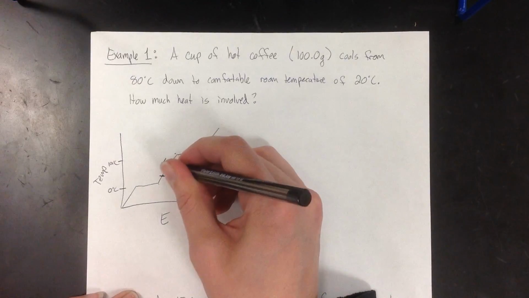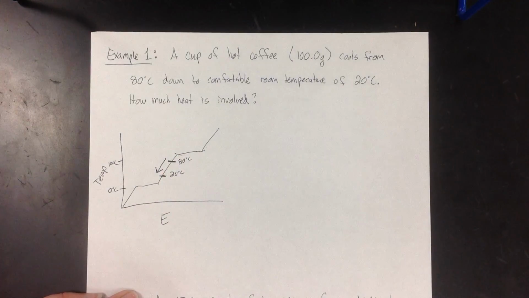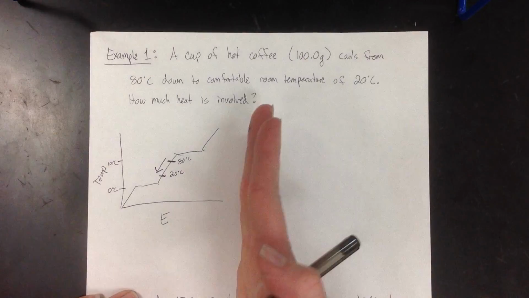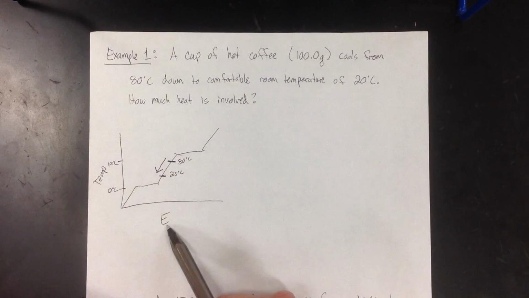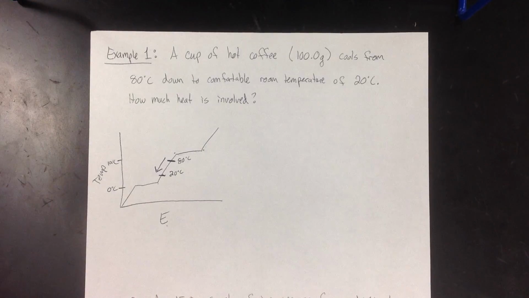I drew my arrow to show that I am cooling down, not heating up. I'm going from right to left, cooling down my substance, getting rid of energy, not adding energy. All right, our next step is to write down the equation.